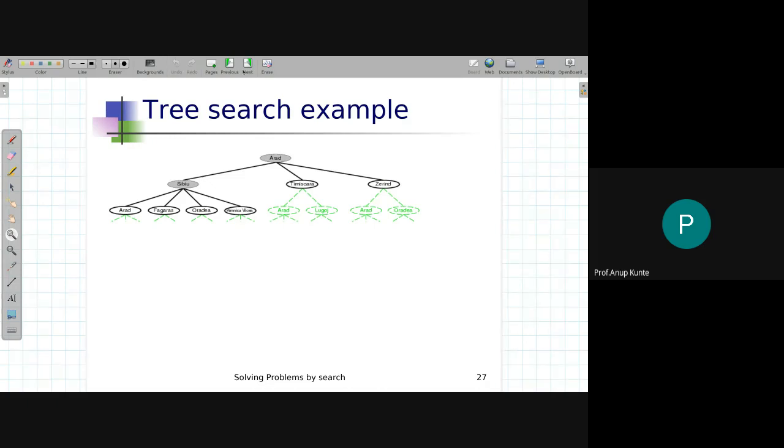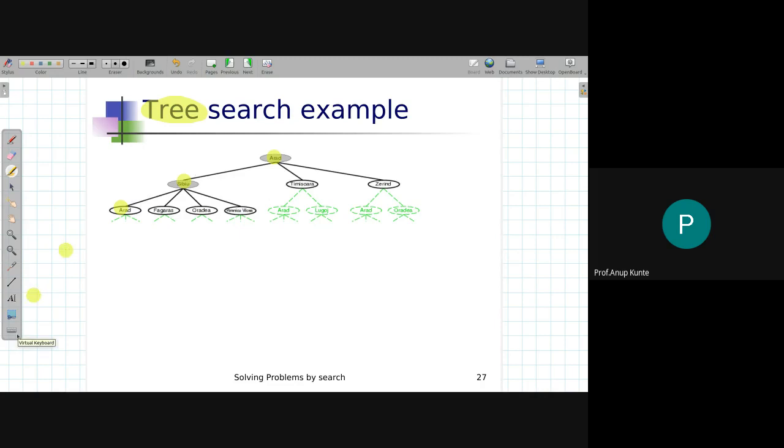Since we are doing tree search, we'll also have a path back to Arad here. That might sometimes be useful in certain problems, but in certain problems it might create some issues. The exact issue that repeated states would create is that your tree will become an infinite tree, because every time you follow this path Arad to Cebu to Arad, again I can go to Cebu and again to Arad.